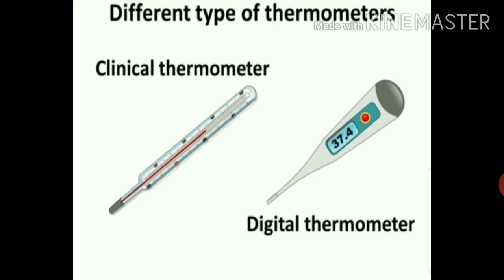So this digital thermometer is very safe to use. I hope the digital thermometer is clear to you, because these days digital thermometers are used to measure temperature. These thermometers do not use mercury and the temperature is displayed as a number, so it is easy to read also.